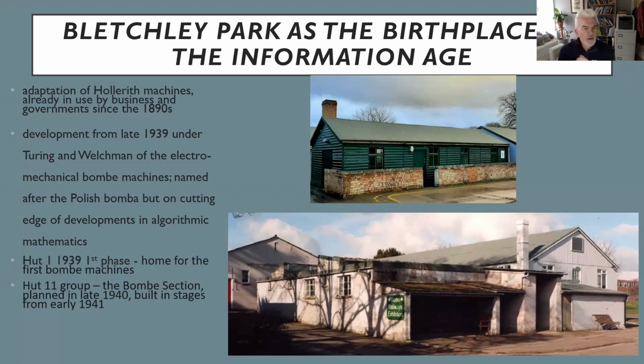You've got Hut 1, the first phase of movement out into the huts, which is shown in the image there, the weatherboarded hut, which was home for the very first bombe machines. And this is really what happens at Bletchley Park. You've got this ad hoc development, and suddenly it happens so quickly. The need to build more computing power. So the development into the Hut 11 group, which was planned in late 1940, built in stages from early 1941. You can see there. Next slide.